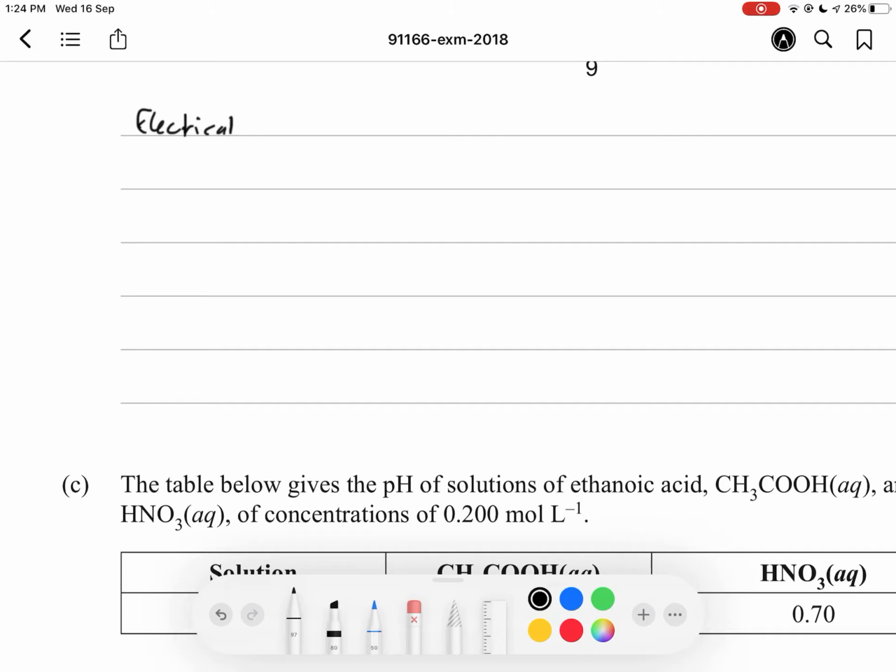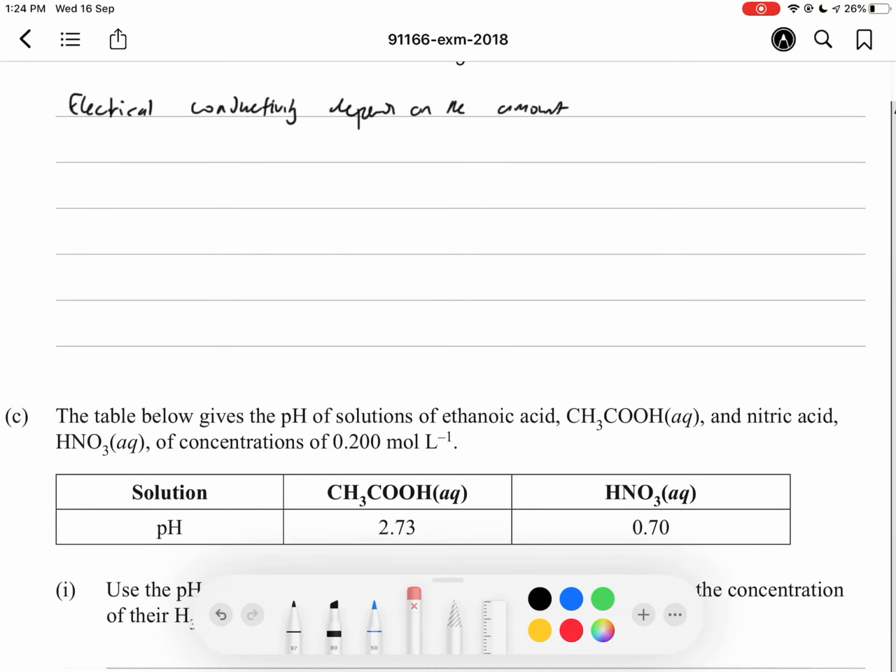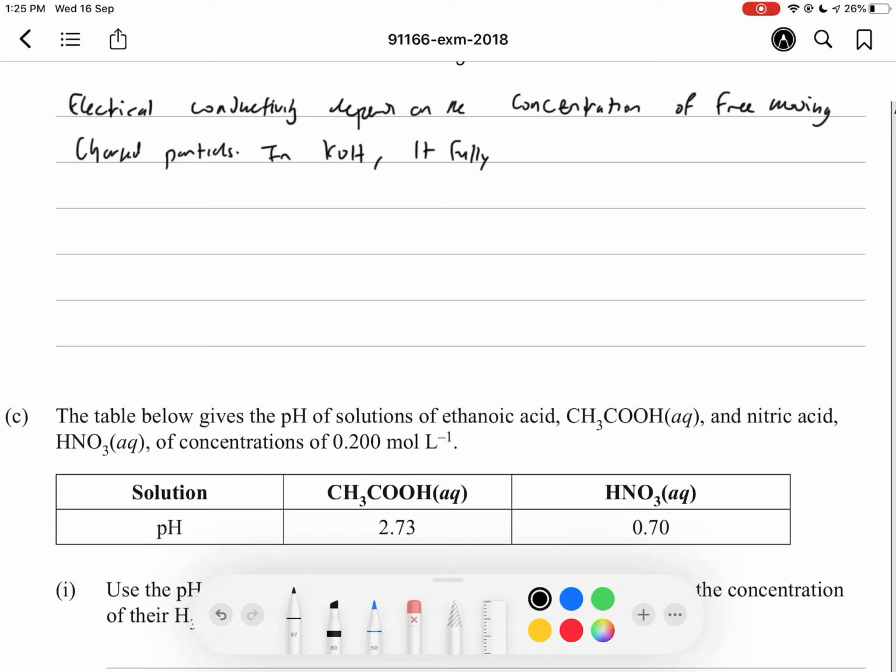Electrical conductivity depends on the concentration of free moving charged particles. In KOH, it fully dissociates to its ions.